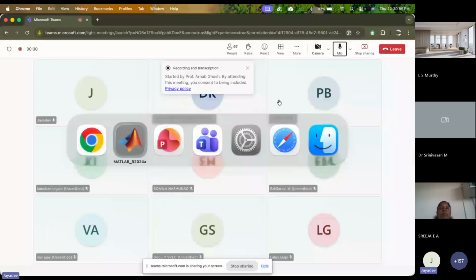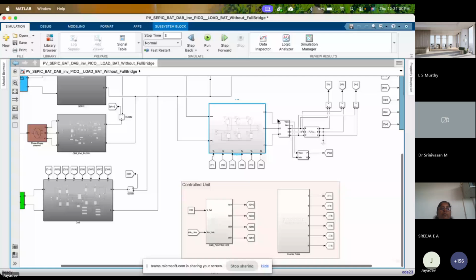Now it is visible. Yes, sir, it is visible now.